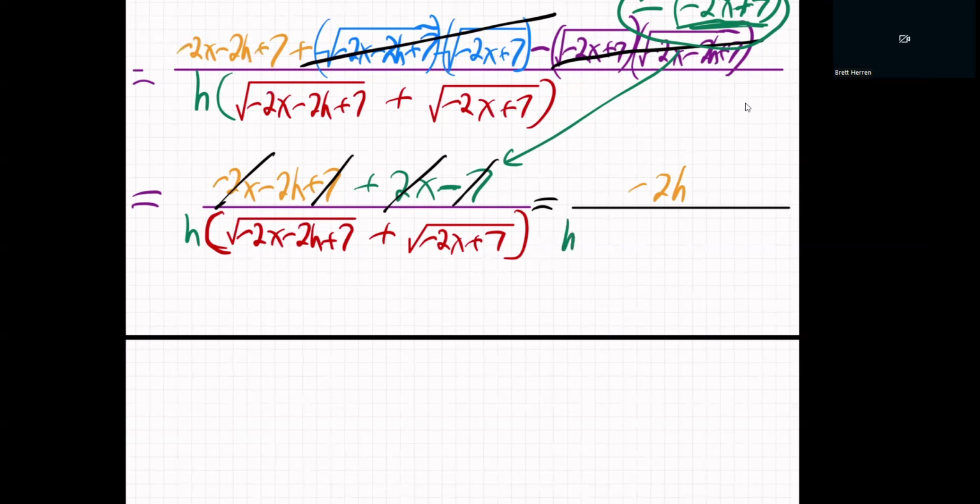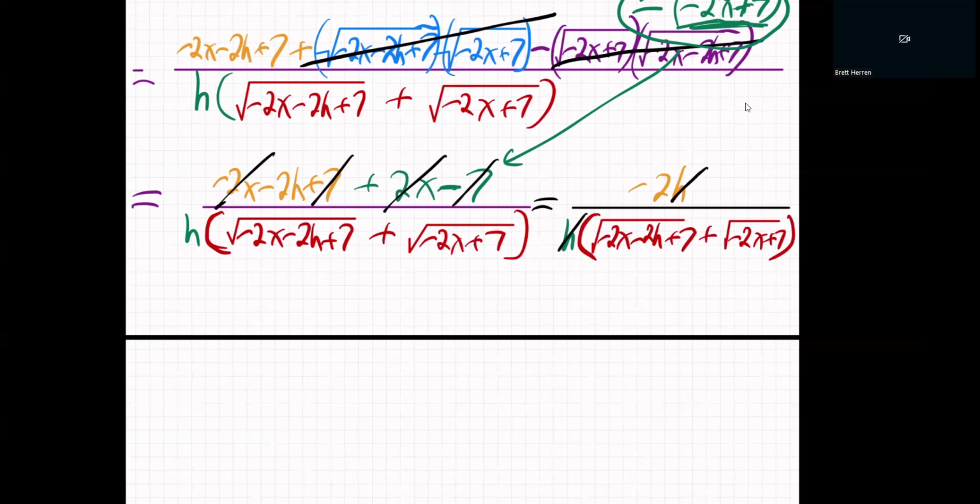It's still h times the root of minus 2x minus 2h plus 7 plus the root of minus 2x plus 7. Okay, now we can cancel these h's. That's why I wanted to leave that h.